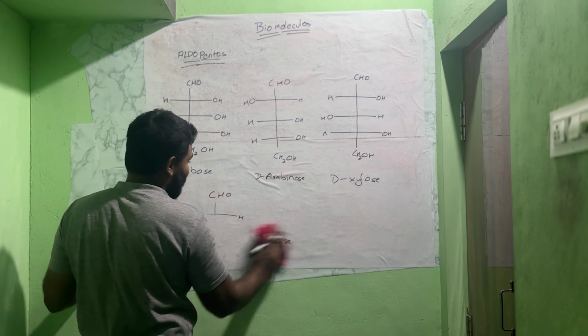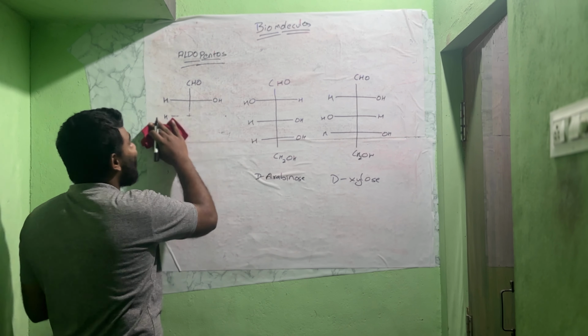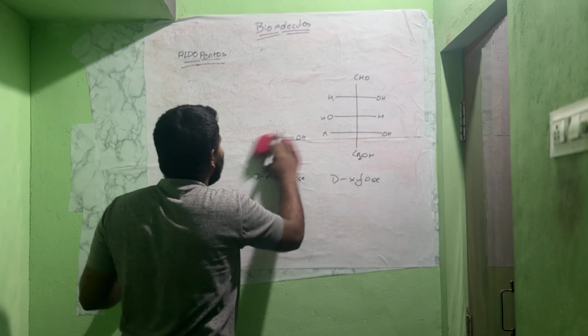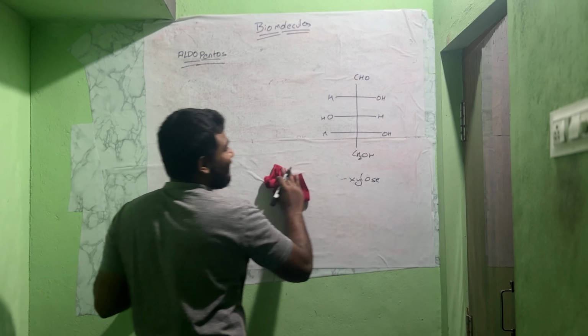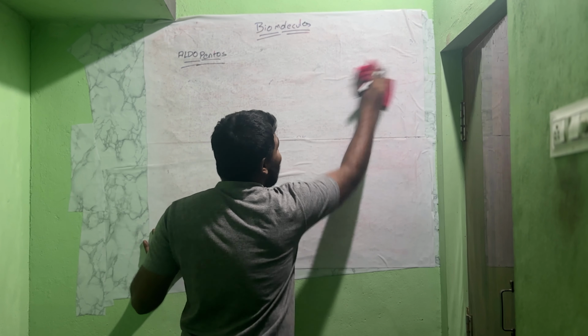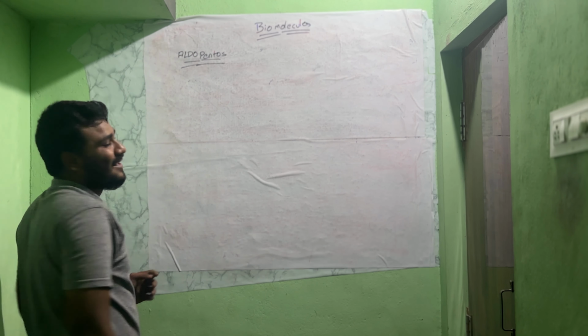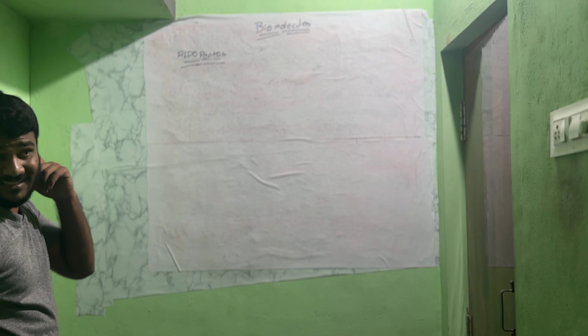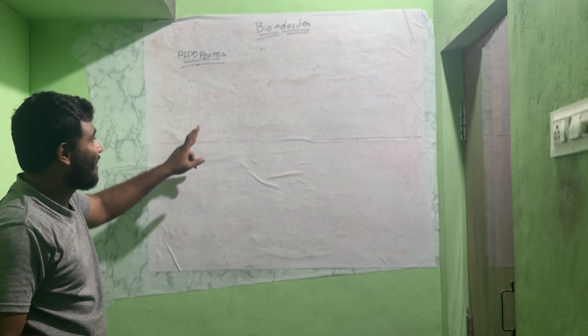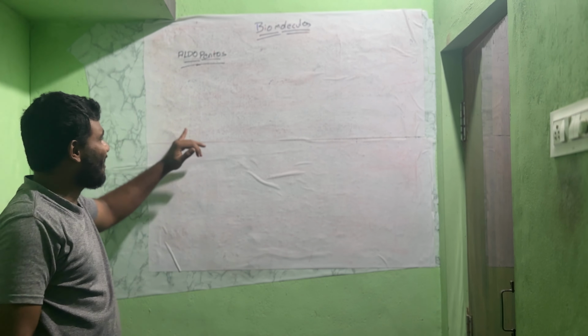Now we will see aldohexose. As the number of carbons increases, the names increase, and sorry, we didn't see the optically active centers, right?